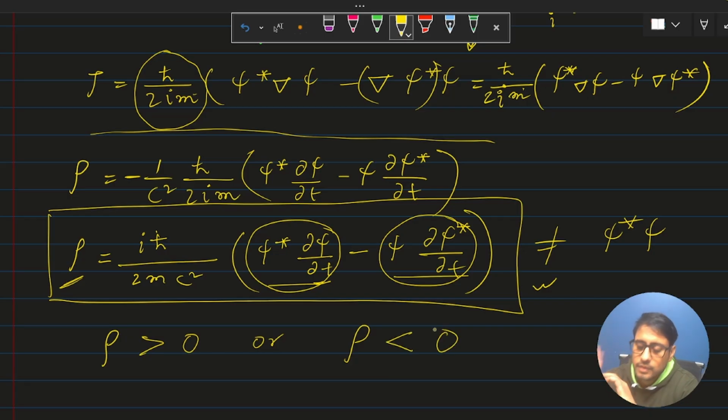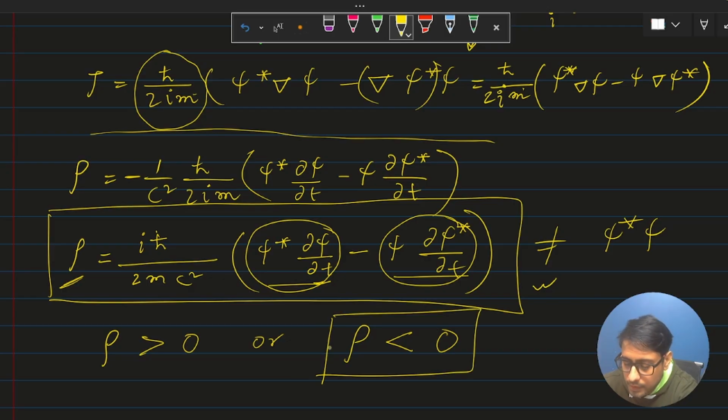But rho here represents the probability density, and the probability of finding a particle in the volume of space we are considering can never be negative. It can be that there is no particle, but it can never be negative. Here the probability density can be negative.